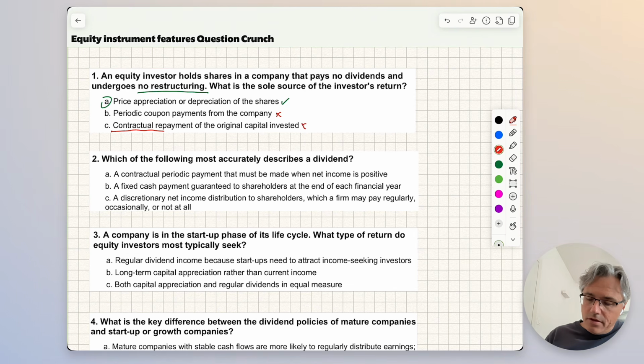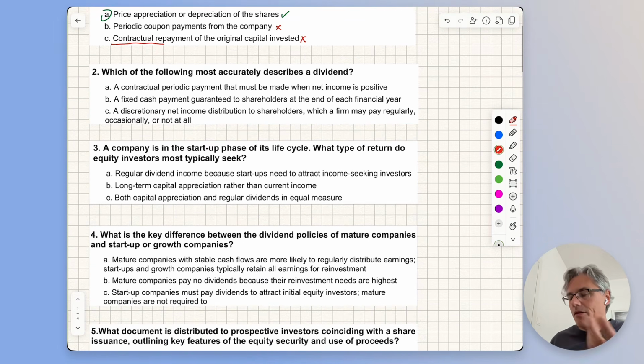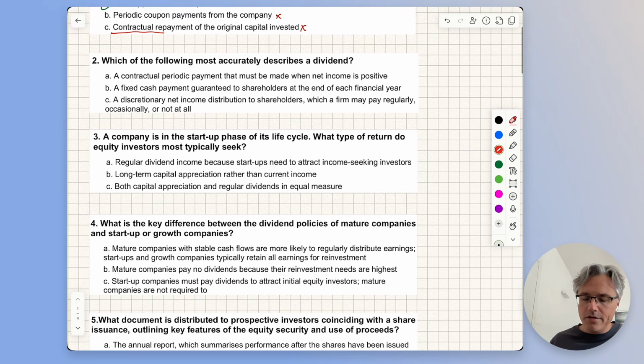So the original capital investment will not be returned to investors as such. No obligation exists. Obviously, a company may do so, but it's not part of an obligation.